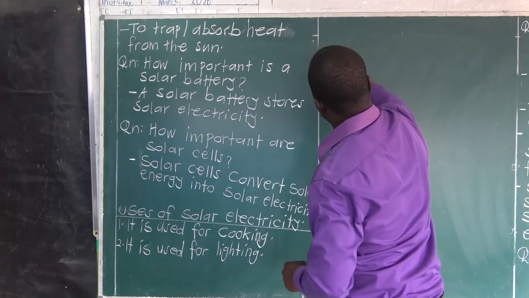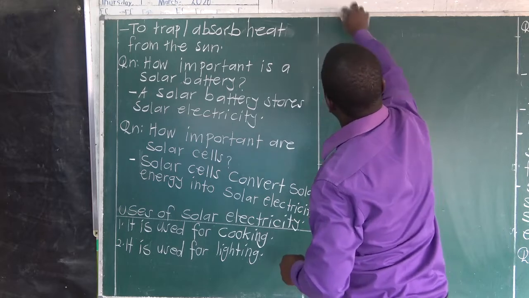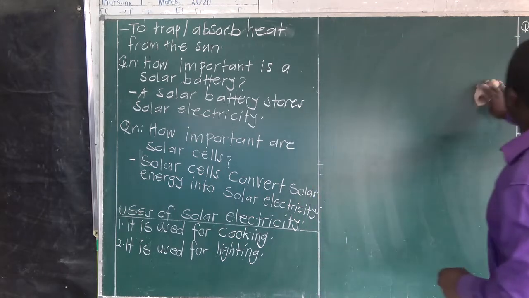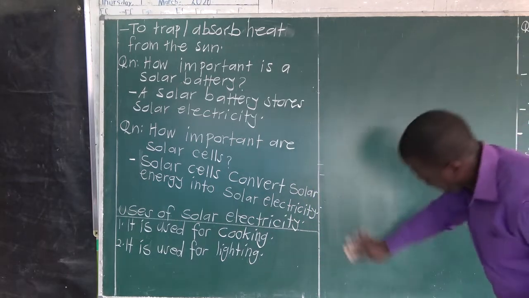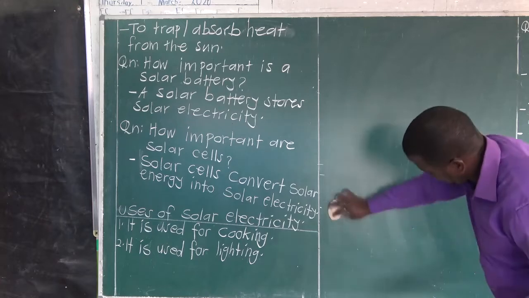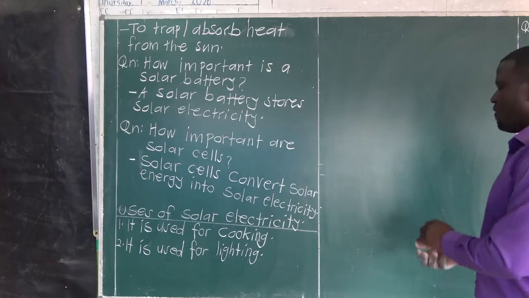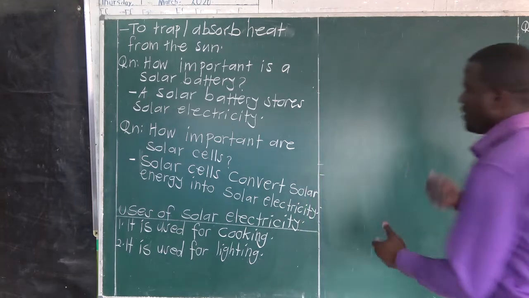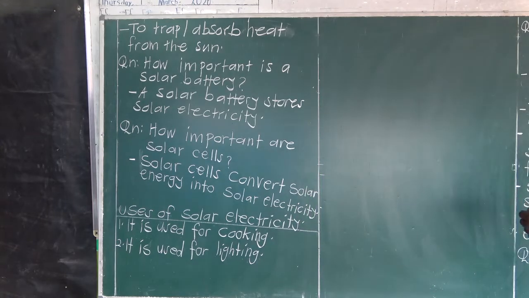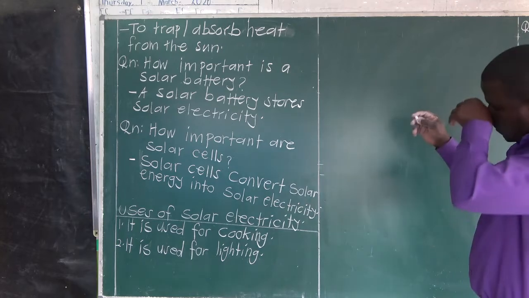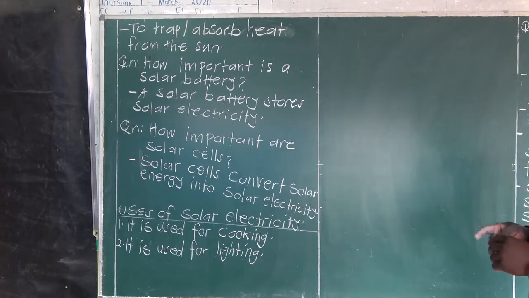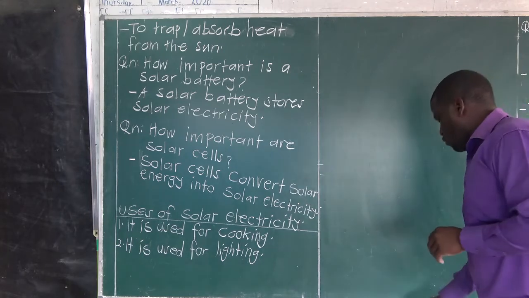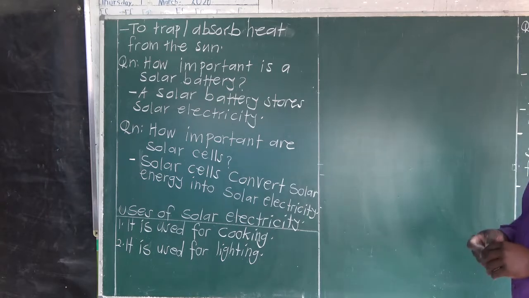Majorly in villages, people cut down trees to get wood fuel, to burn charcoal or to get firewood. But when they have solar electricity, you find that the rate at which they cut down trees for wood fuel reduces, because instead of using firewood or charcoal to cook food, they will use solar electricity.